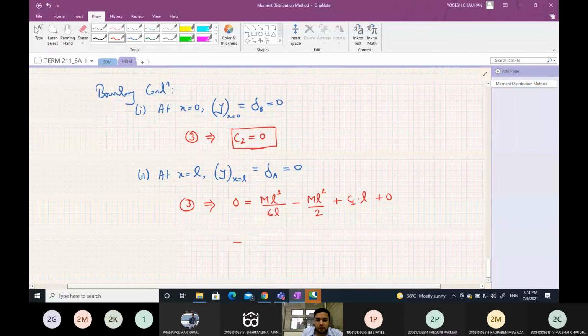So you will get c1 is equal to M l square by 6, it will be M l by 3.